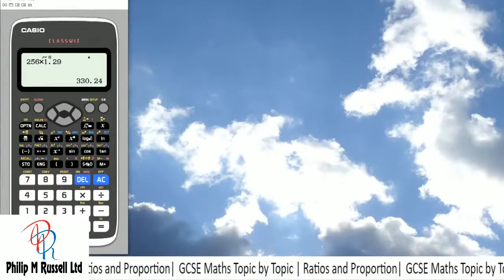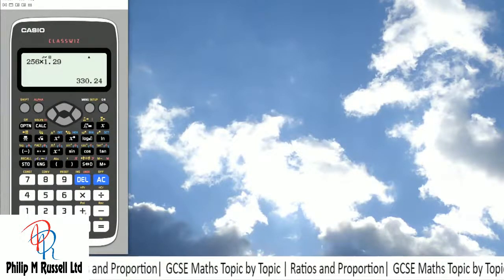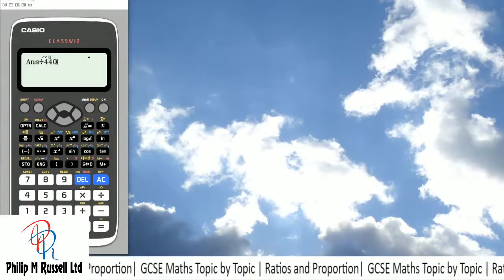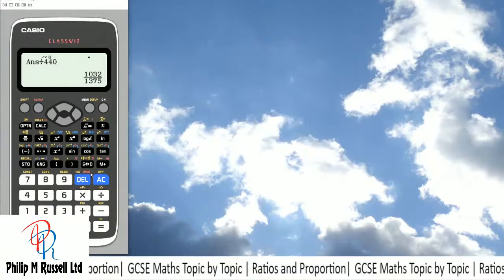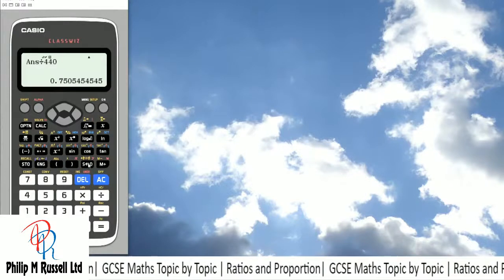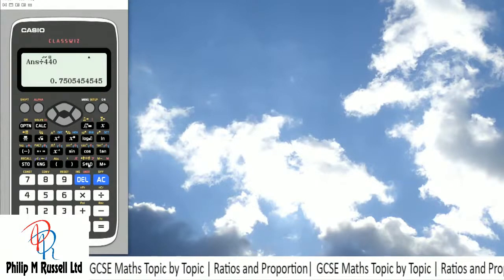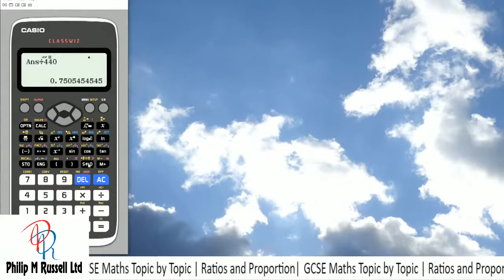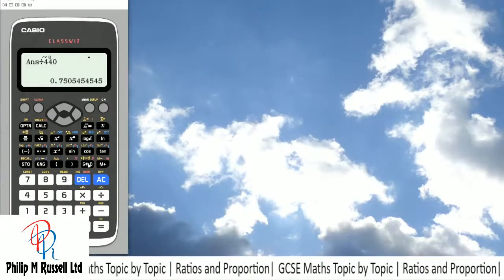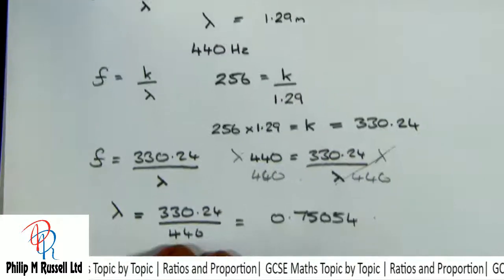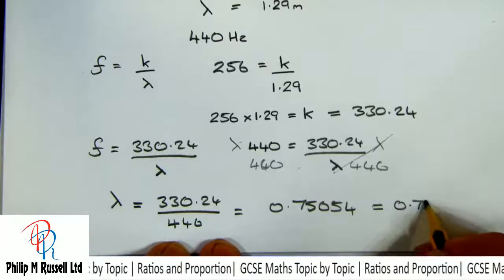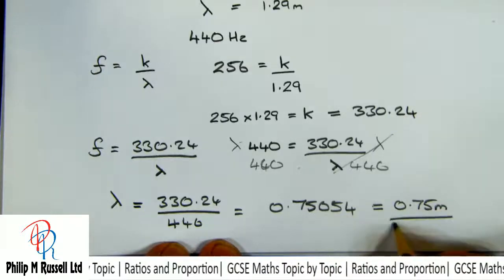I've got my 330.24 divided by 440, and that tells me that my wavelength for this is going to be 0.75054. And let's do this to 2 decimal places. So that's going to give me 0.75 meters.